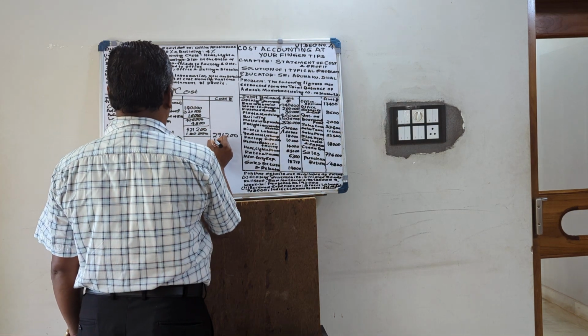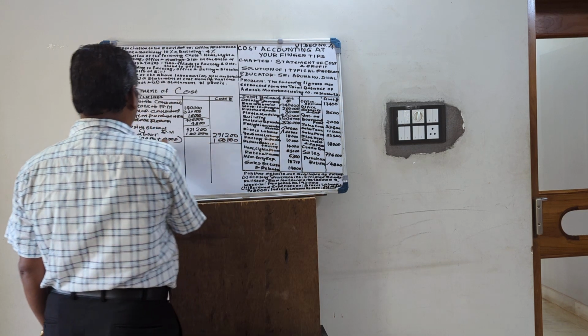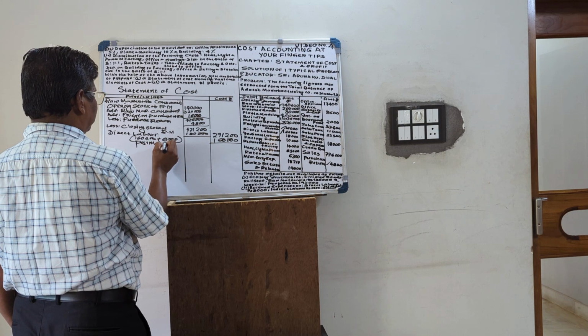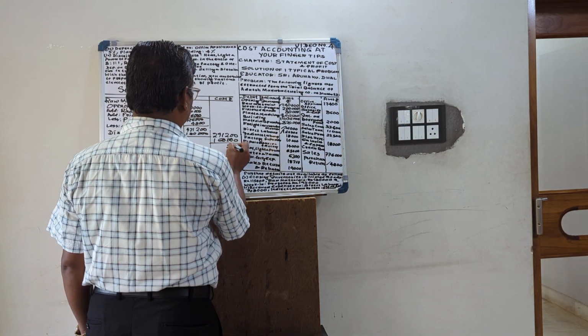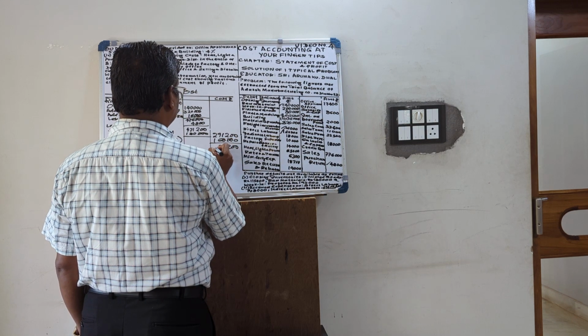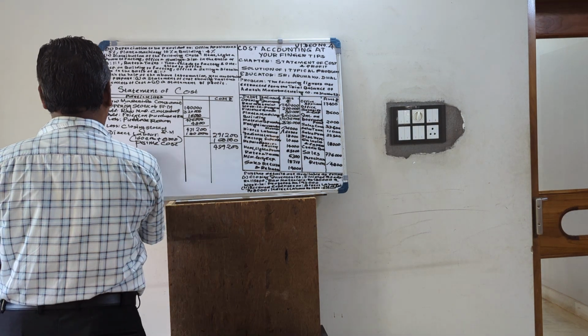This is 1,68,000. So you got prime cost. This is known as prime cost, that is 4,59,200.